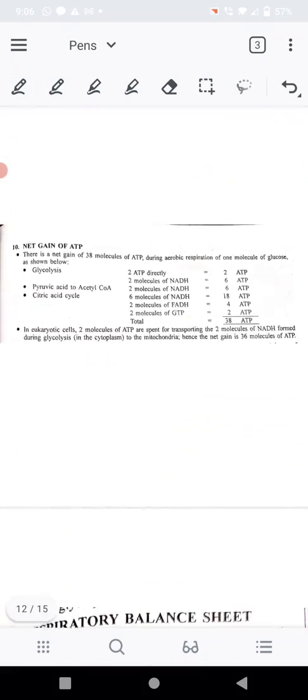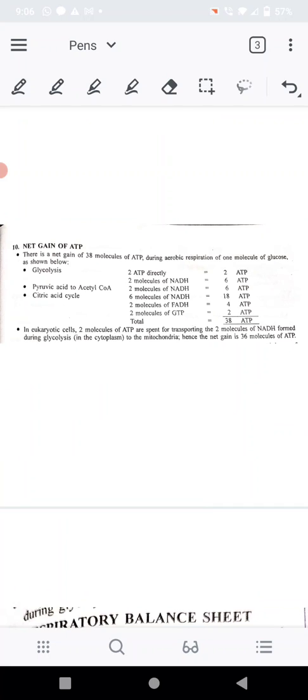So after this, we have got the ATPs out of all the glucose, and glucose is completely oxidized at the end of this ATP synthesis, which we also call oxidative phosphorylation.